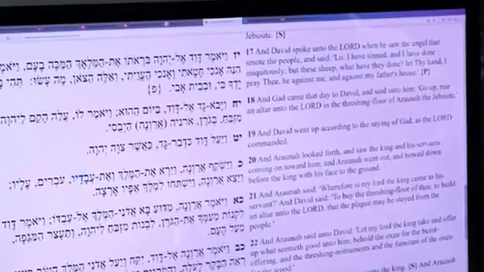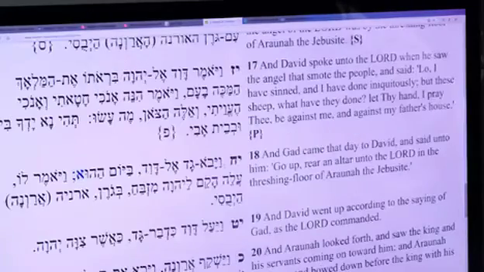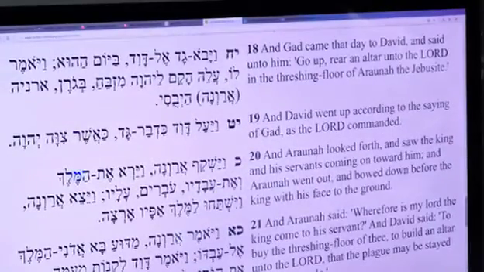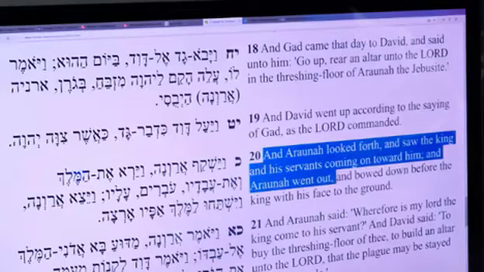Let's try 24 and 20. All right, so it says here in 24 verse 20, and Araunah looked forth and saw the king and his servants coming on to him, and Araunah went out before him.